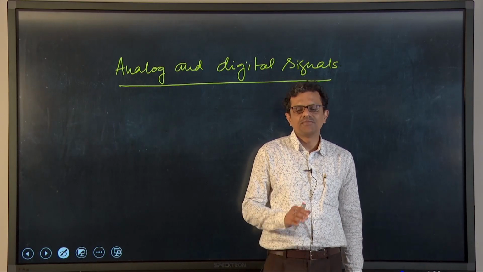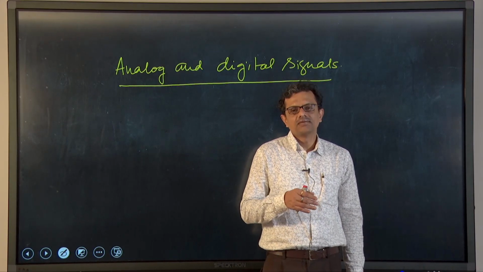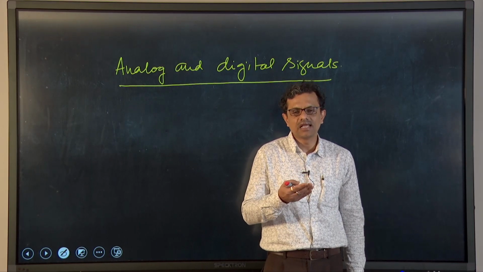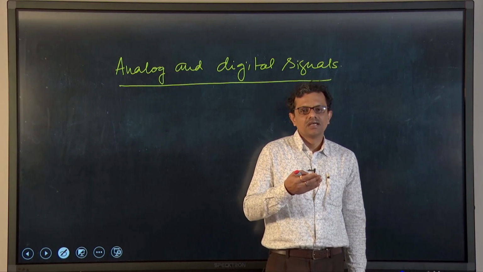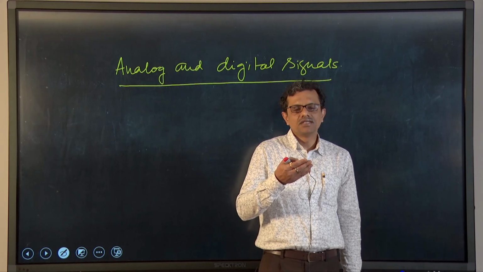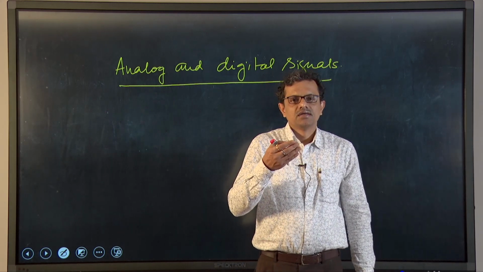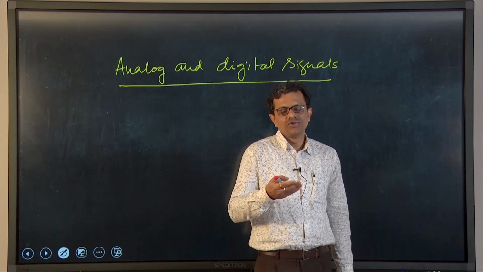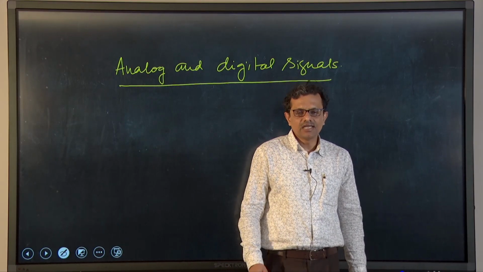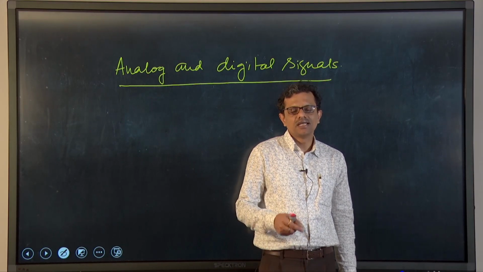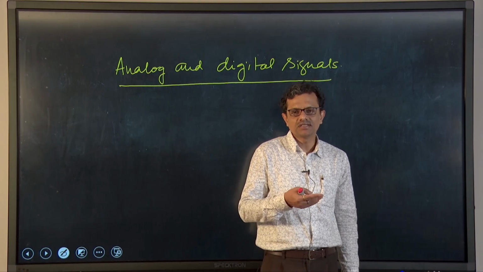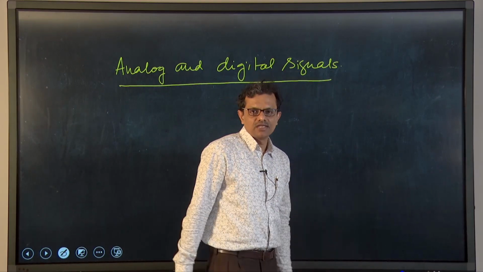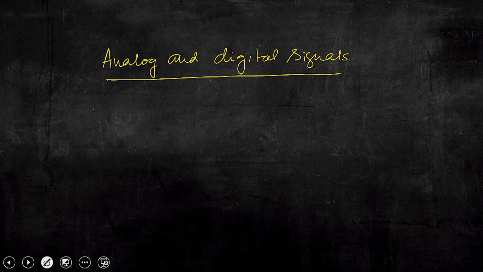Essentially, an analog signal is such a type of signal that produces a variable signal amplitude with time. Let us write a few lines and a few important points that will help you understand more clearly.